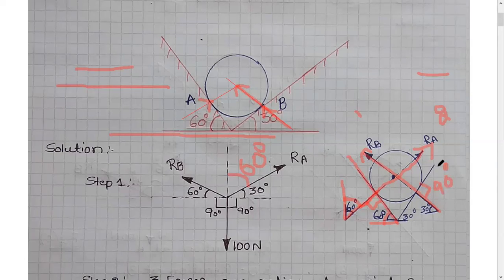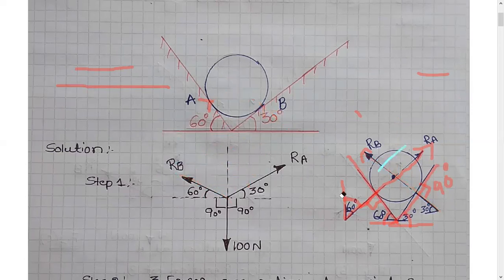When two planes act exactly perpendicular to each other, and this plane makes an angle theta with respect to horizontal which is 30 degree, then the RB force will make an angle of 30 degree with respect to vertical. So that is what I have written here, RB making an angle of 30 degree with respect to vertical.